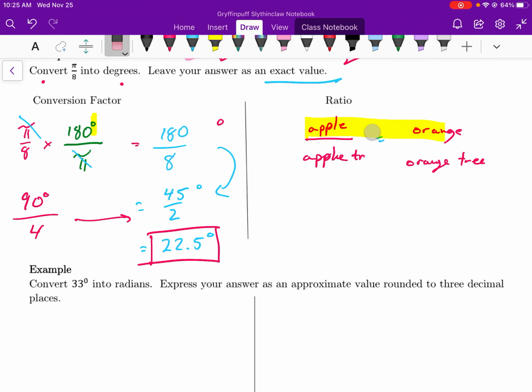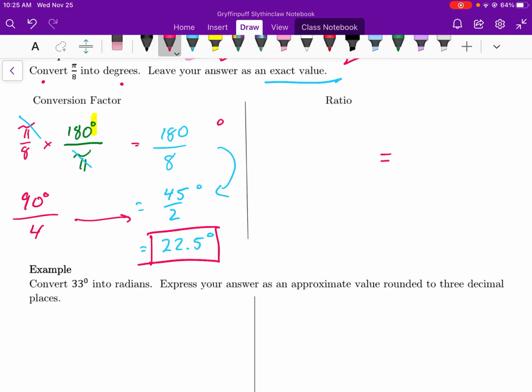So I'm just going to get away from talking about fruit, and I'm going to talk about angles. Generally speaking, we like our unknowns to be classified as x. So I'm going to put x equals, and pi over 8 is a partial angle. So I'm going to put degrees on one side and radians on the other.